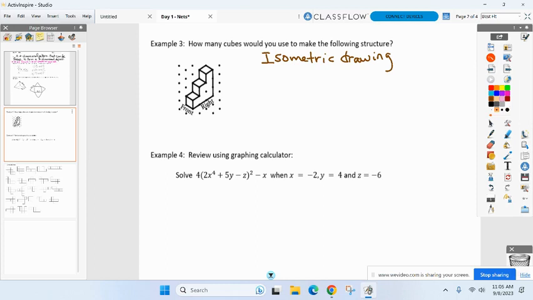I want to know in your group right now, how many cubes can I form? And when I say cubes, same size cubes, please. If I take this isometric drawing and break it up, how many cubes could I form? I'll get back to you in a second. How many cubes could I form here?